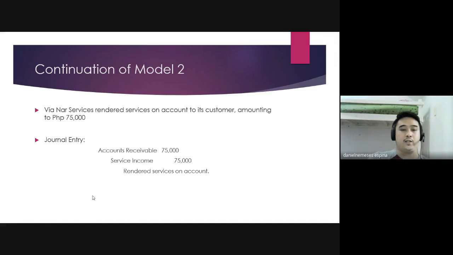As to explanation, you can write rendered services on account or performed services on account. So instead of cash, accounts receivable, because we did not receive cash and it is on account.